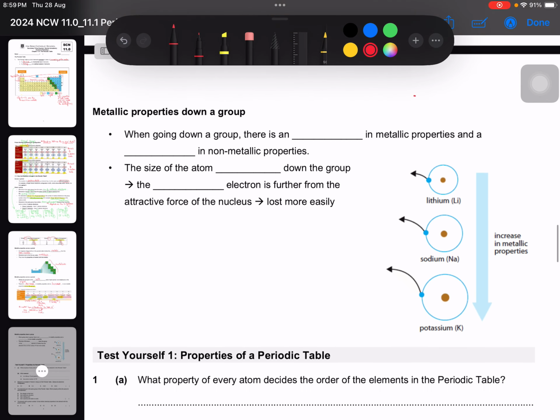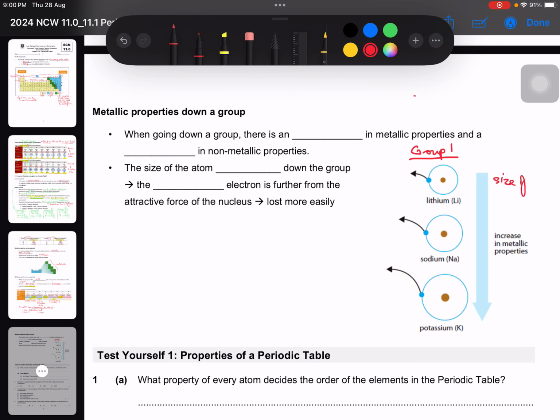So now we have to talk about the metallic character down a group. So this is group 1. We are going to use the example of group 1. Now, as we go down the group, you notice that the drawing shows us that the size of the atom gets bigger and bigger.